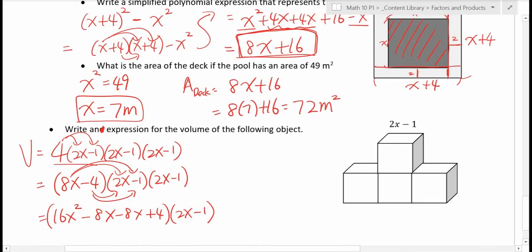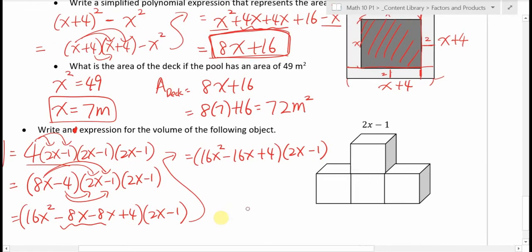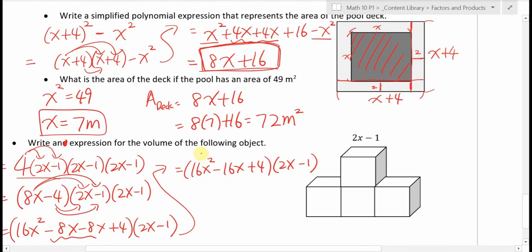But before that, we are going to combine like terms. This is going to be 16x squared. These two are like terms. That's negative 16x plus 4 times 2x minus 1. Okay, and now we can, again, multiply or distribute or FOIL, however you want to do it.